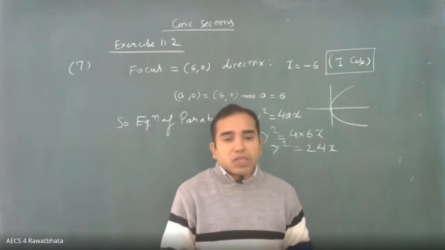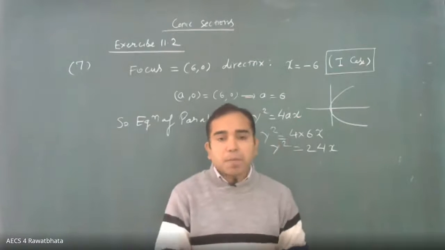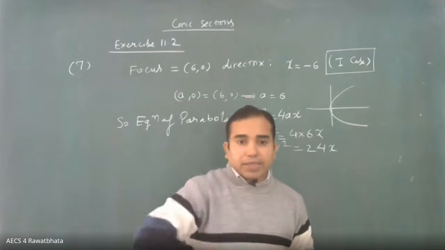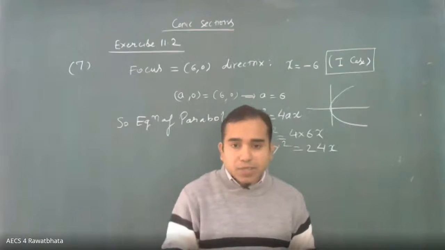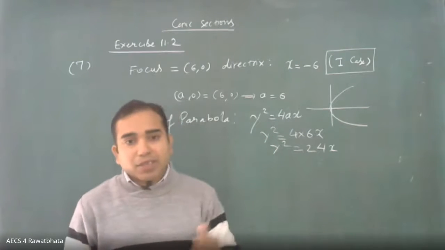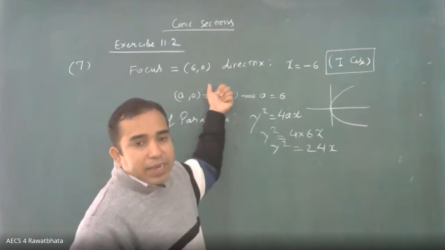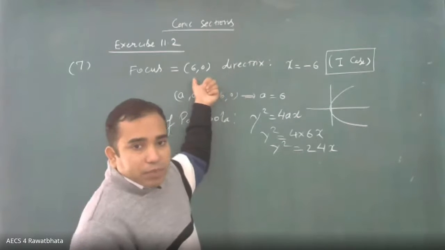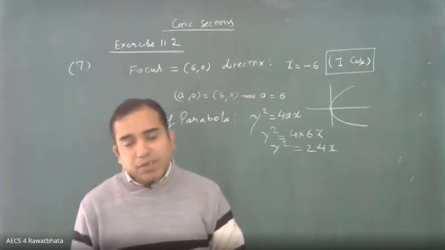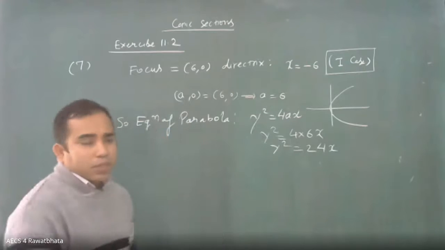In third and fourth case it is 0, a something, because the focus lies on the y-axis. In the first 2 cases it lies on the x-axis. If it is positive, then it is first case. If it is -6, 0, it has to be second case. Think a little, you will understand.